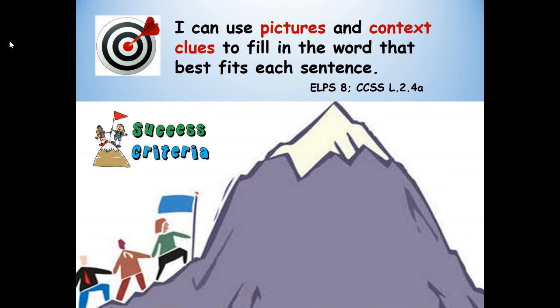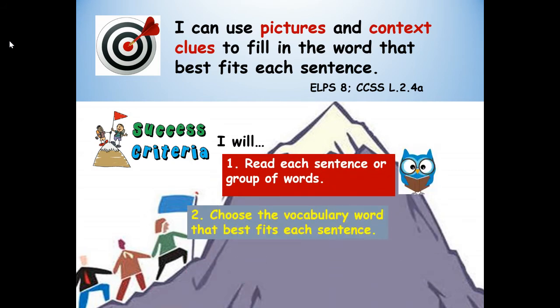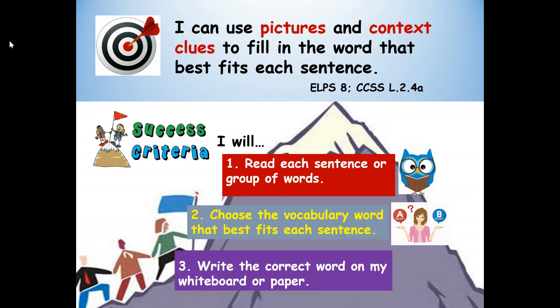Well, just like these people are climbing a mountain to reach the top, our goal is to reach our learning target. And here are our steps for success. I will, number 1, read each sentence or group of words. 2, choose the vocabulary word that best fits each sentence. 3, write the correct word on my whiteboard or paper.